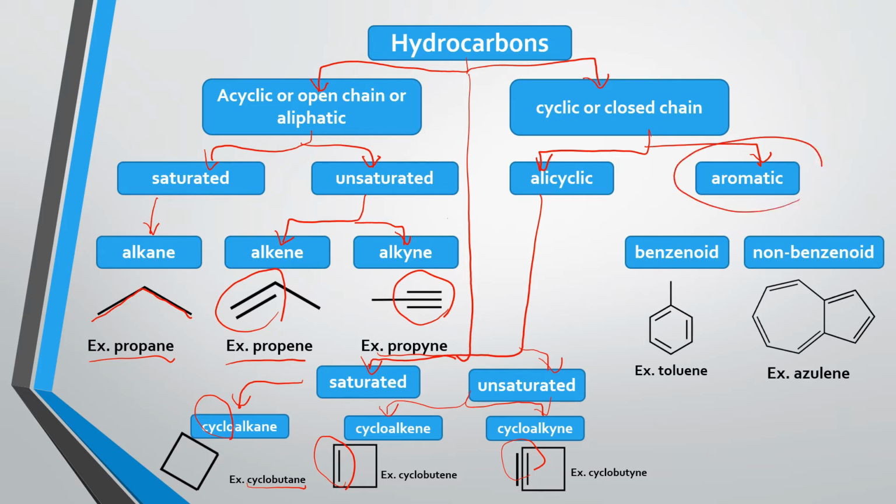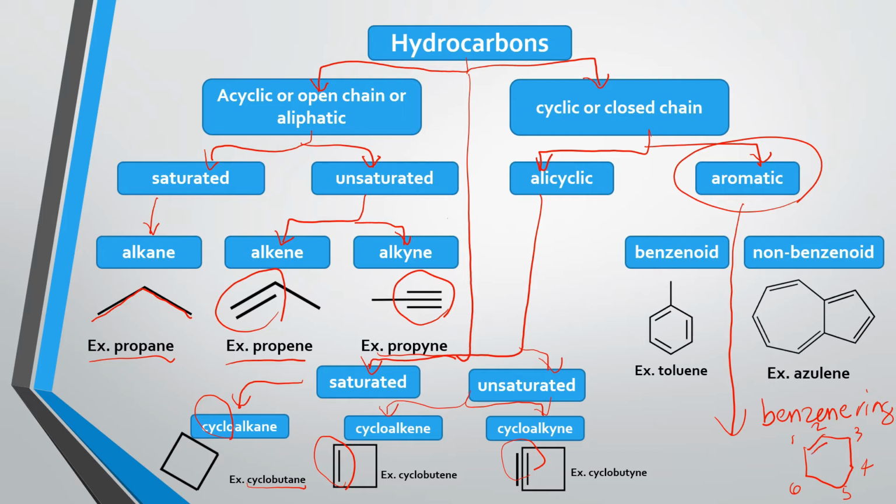Sa aromatic side naman, meron tayong tinatawag na benzene ring. Sa benzene ring na to, parang piatos. 6 carbon. 1, 2, 3, 4, 5, 6.